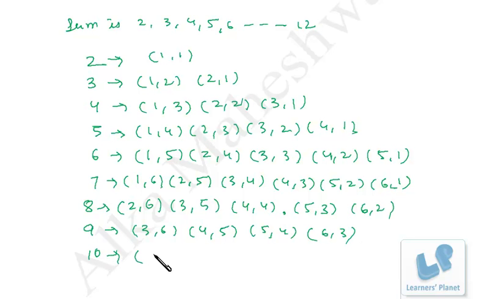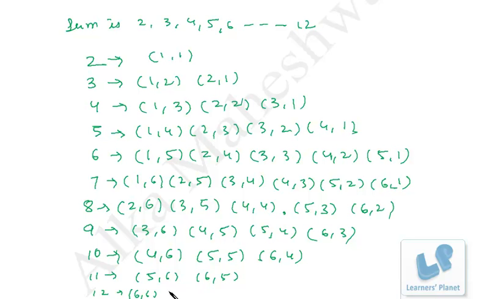So 10, it's 4, 6, 5, 5, 6, 4. Similarly 11, it's 5, 6, 6, 5, and for 12 we have just a single combination, that is 6, 6, right? So we wrote all the combinations possible when we are throwing two dice and we are taking care of the addition of the numbers which are appearing on the dice, right?